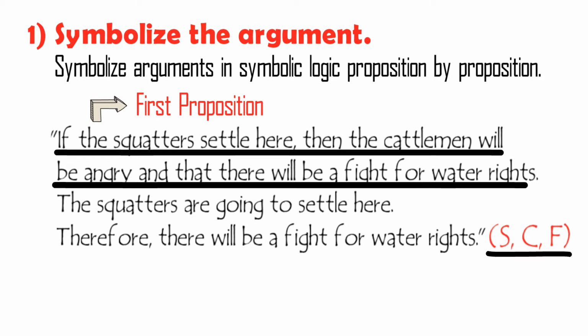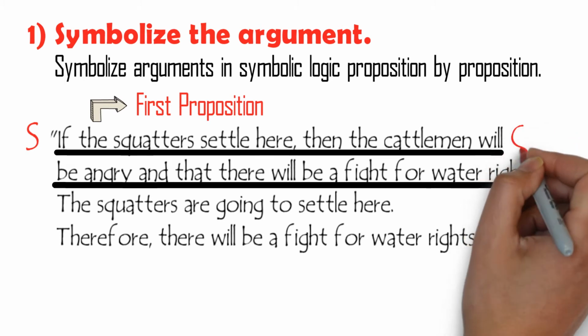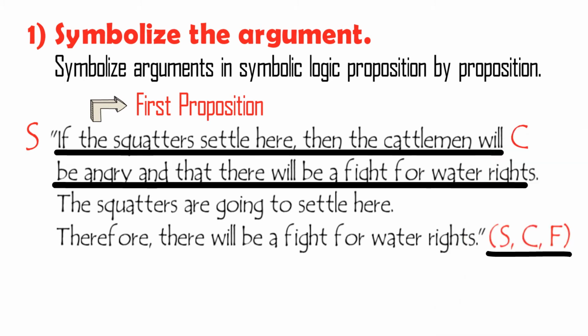If we recall my discussion on symbolizing propositions, the variables or constants provided after the proposition represent the propositions in the entire proposition respectively. Hence, the constant S stands for the squatters settle here, C for the cattleman will be angry, and F for there will be a fight for water rights.